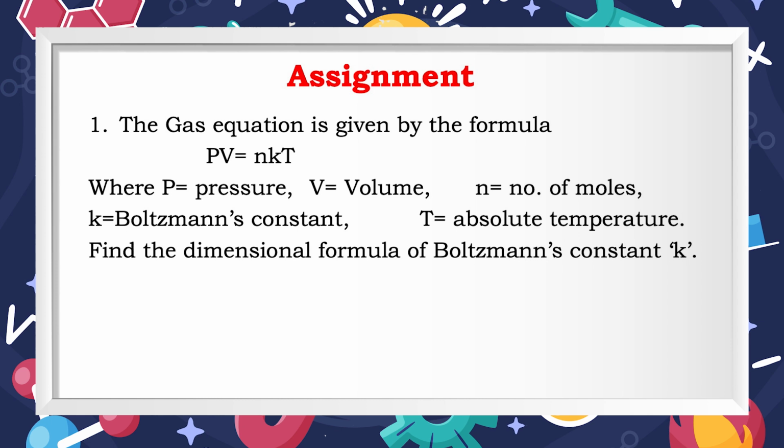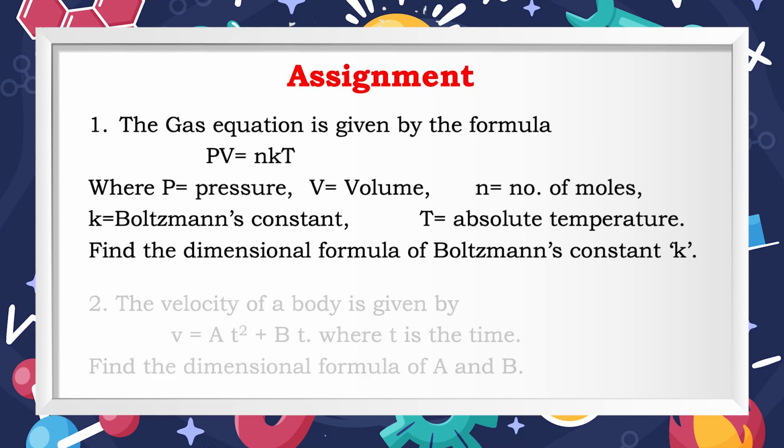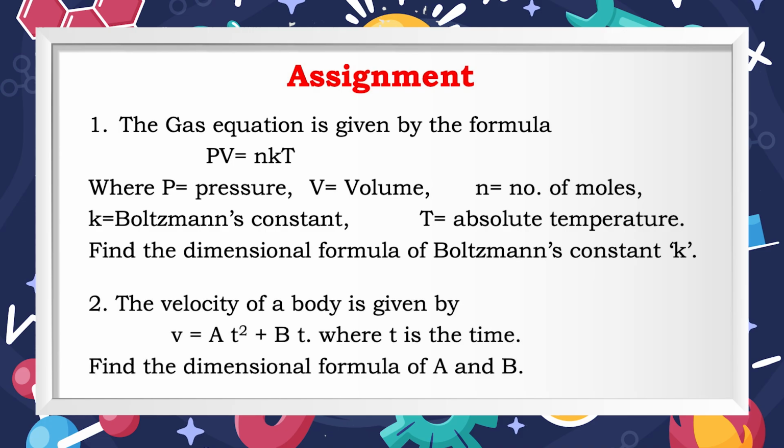In this equation you have to find the dimensional formula of the Boltzmann constant K. Another assignment for you: the velocity of a body is given by v = at^2 + bt, where t is time. Find the dimensional formula of a and b.